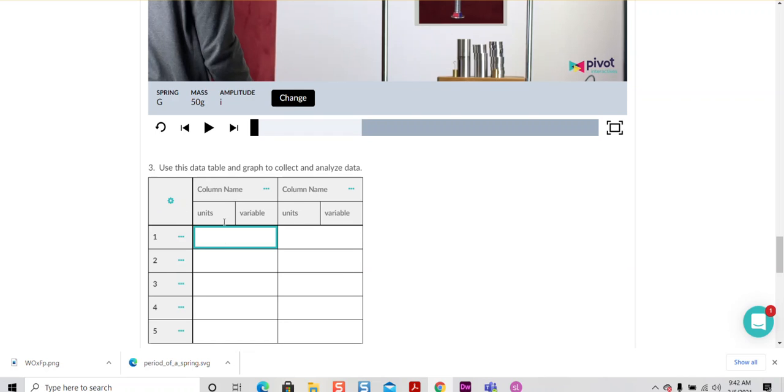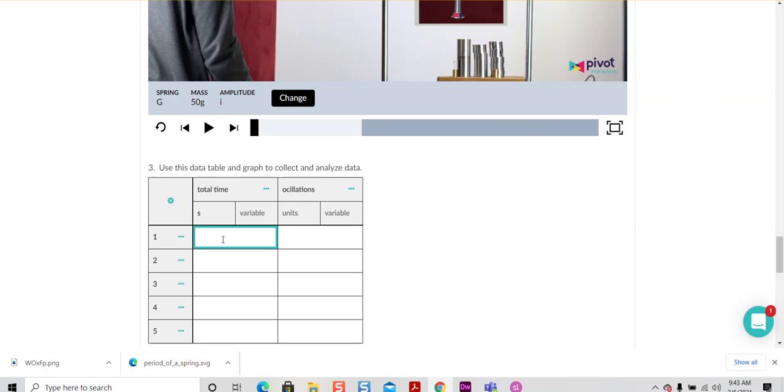This first column is going to be the total time, and it's going to be in seconds. And this is going to be the number of oscillations. Okay, so the total time it went from 3.500 to 6.533.